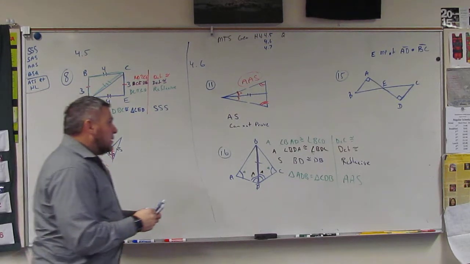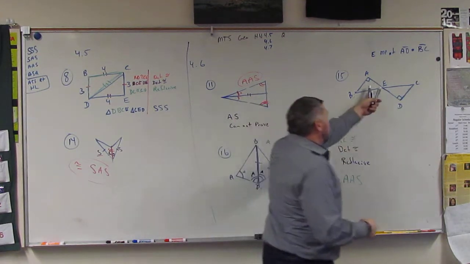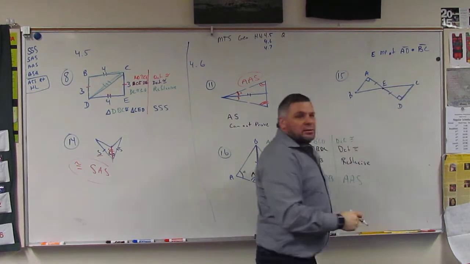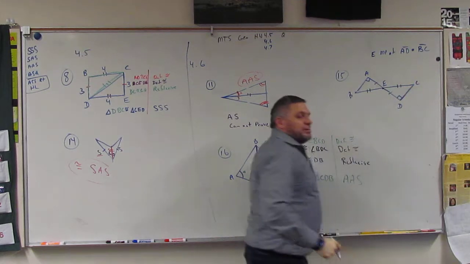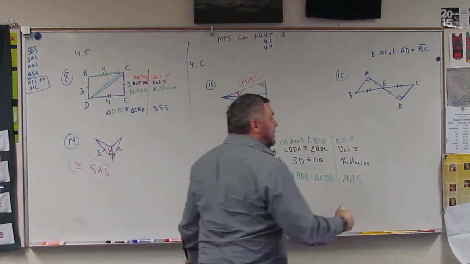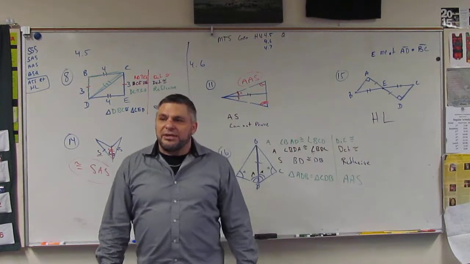Last piece. If this is the midpoint, that means that these sides have to be congruent, right? So how do we know these two triangles are congruent? HL.